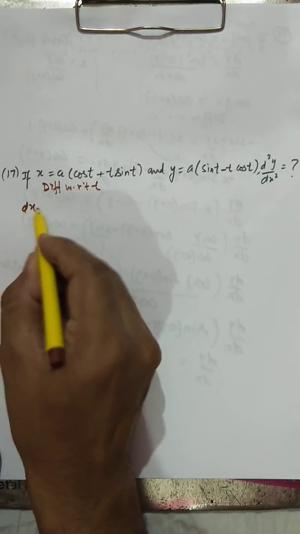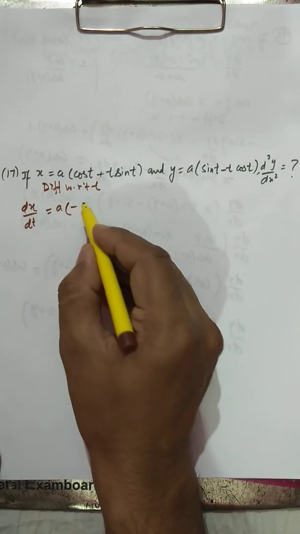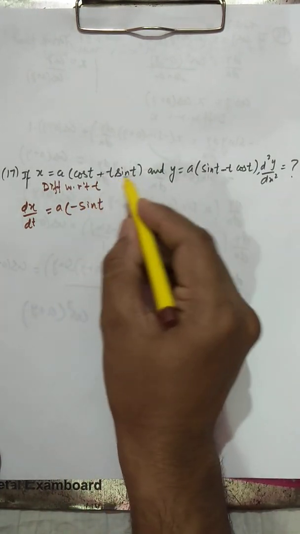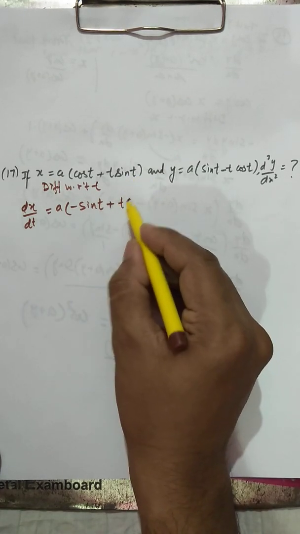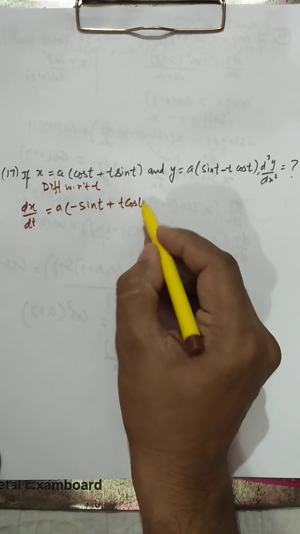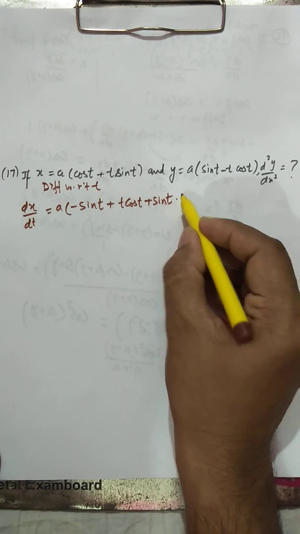So this will become dx upon dt, and a cos t differentiation is minus sine t, and here you can apply the product rule: differentiation of cos t will be sine t, and differentiation of t will be 1.